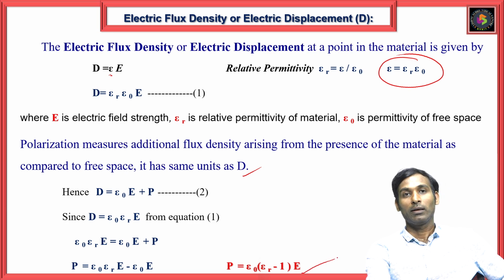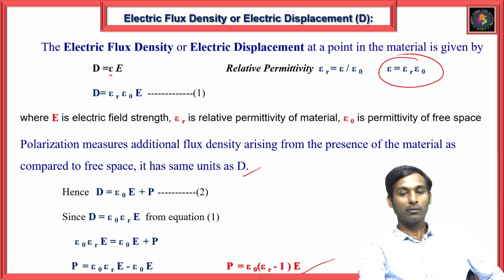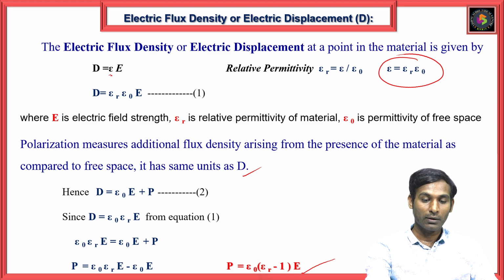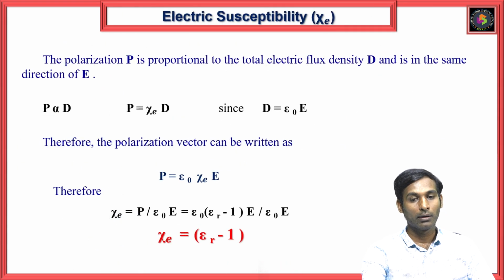This is the important equation for the polarization vector related to the electric flux density. Comparing equation 1 and equation 2, this equation tells about the relationship between P, E and D.